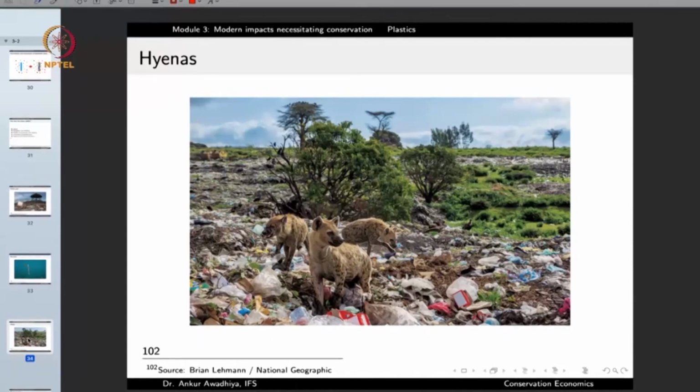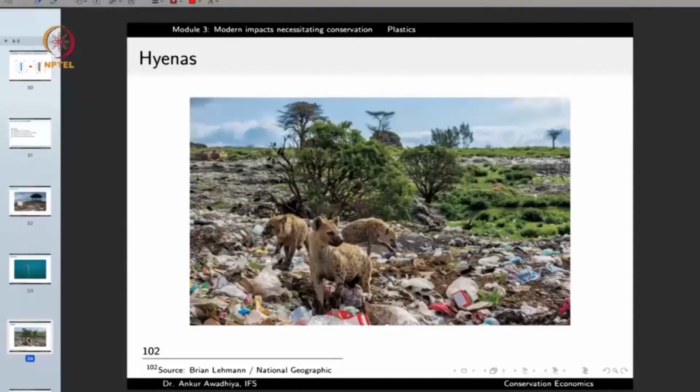We have the natural habitat of the hyena that has been disturbed, but at the same time, the behavior of these hyenas is also getting disturbed because now they will look at plastic as something very natural and probably interact with these plastics. Earlier, in a pristine environment, if a hyena found a red colored piece of plastic, probably it would run away.